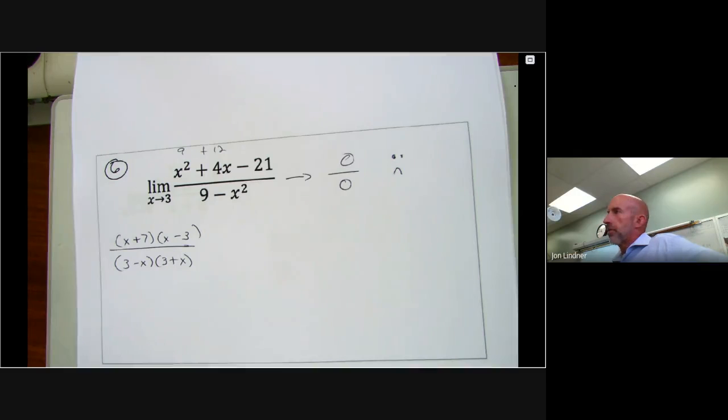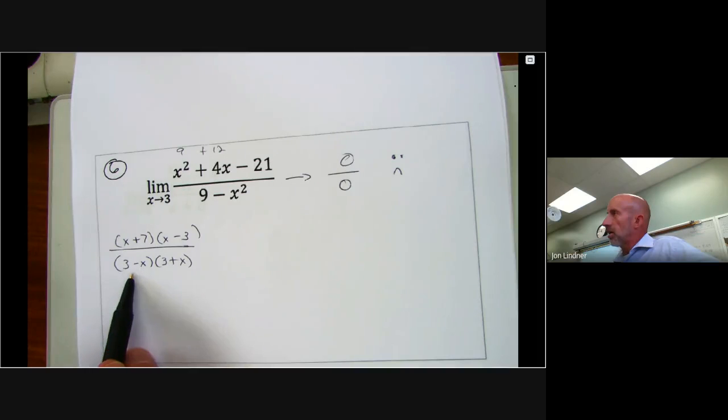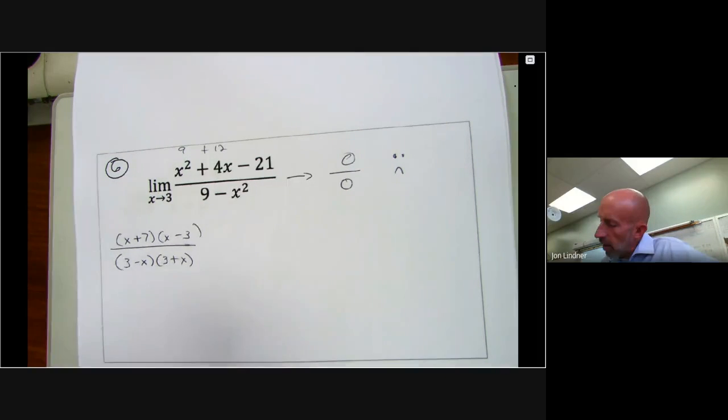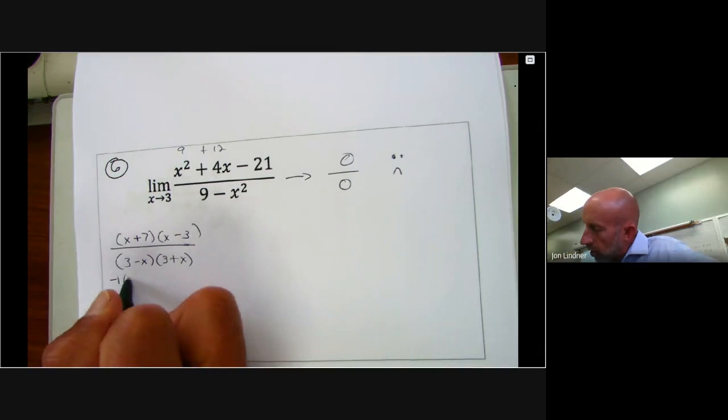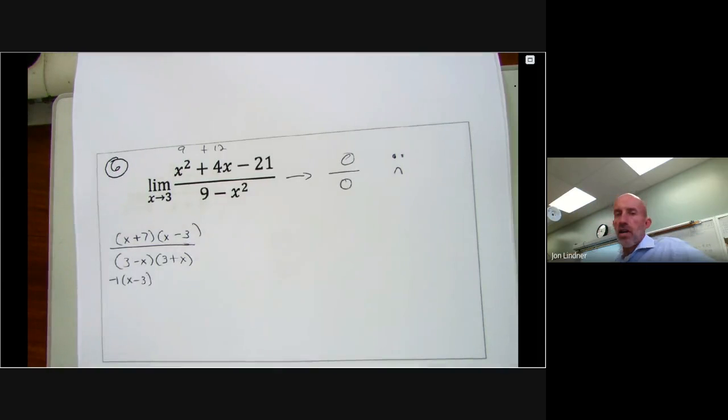Now, in case you forgot the little trick that I showed you last year in pre-calculus, do you remember that we can flip this thing by taking out a -1? So I can make this -1 times x minus 3 down here, and that allows me the freedom to slash these two algebraically.